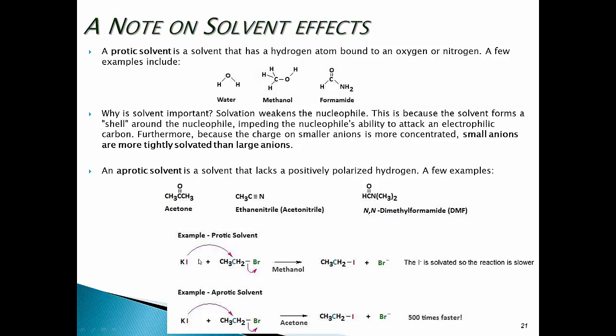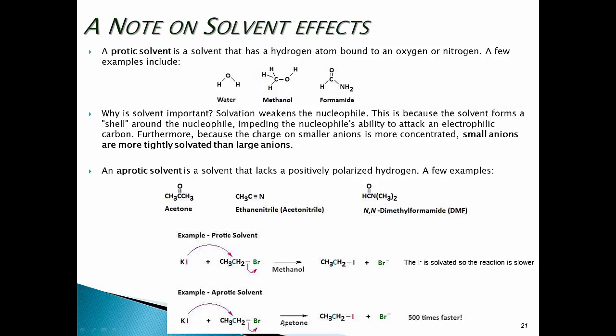That protic solvent is going to encapsulate this iodine I- with a solvation shell and make that iodine less available to come in and act as a nucleophile. So we would say this one would be a fairly slow reaction.